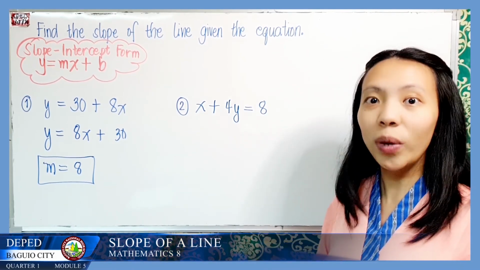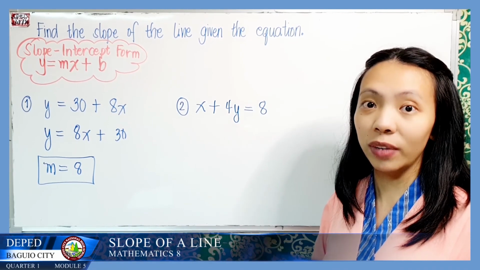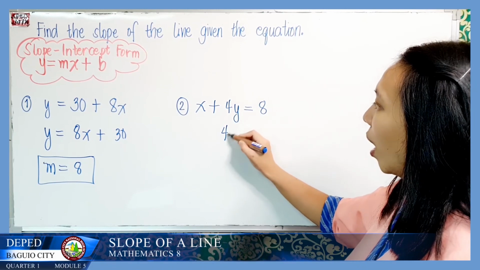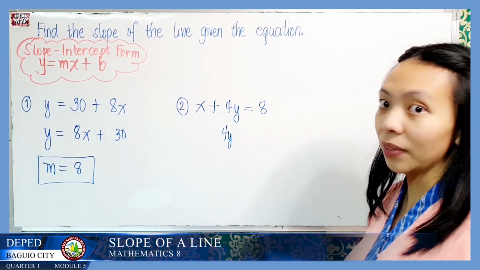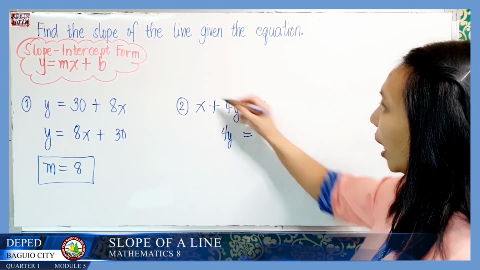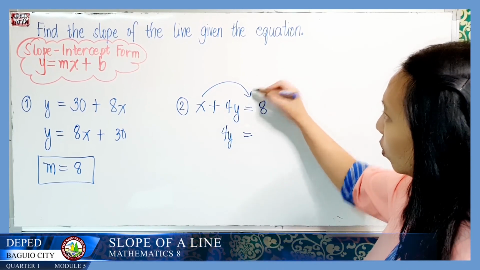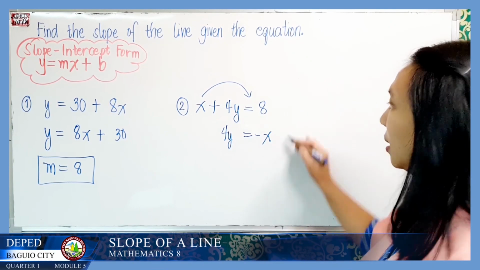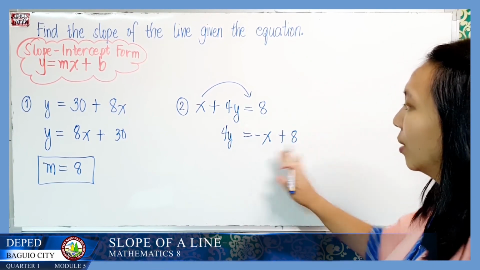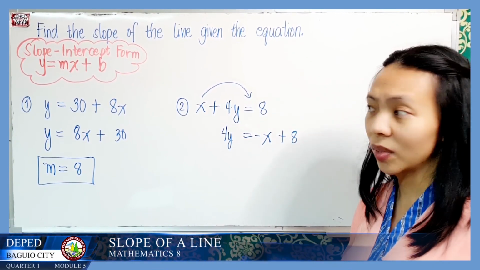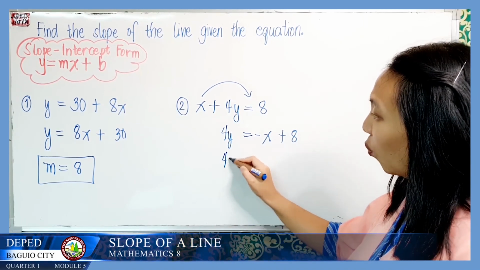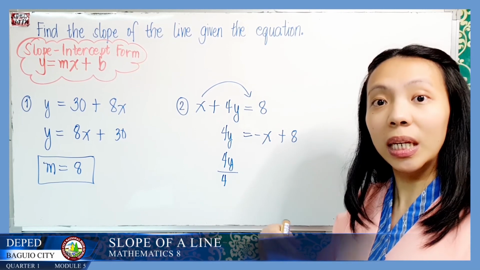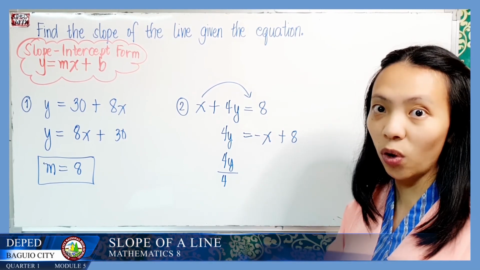Number 2, x plus 4y is equal to 8. In here, we need to apply the addition property of equality or the process called transposition. 4y will stay on the left side of the equation. X should be transposed from positive, it will become negative x, and 8 will be added to the right side of the equation. 4y should be divided by 4 because we only need 1y and not 4y.